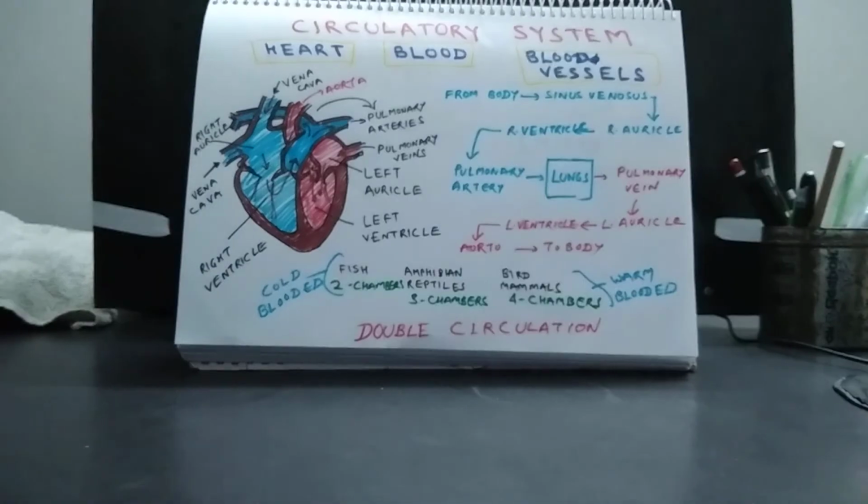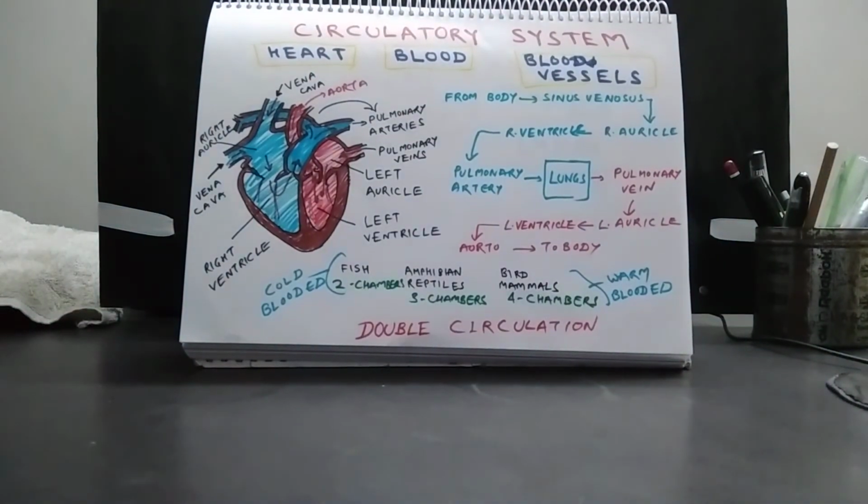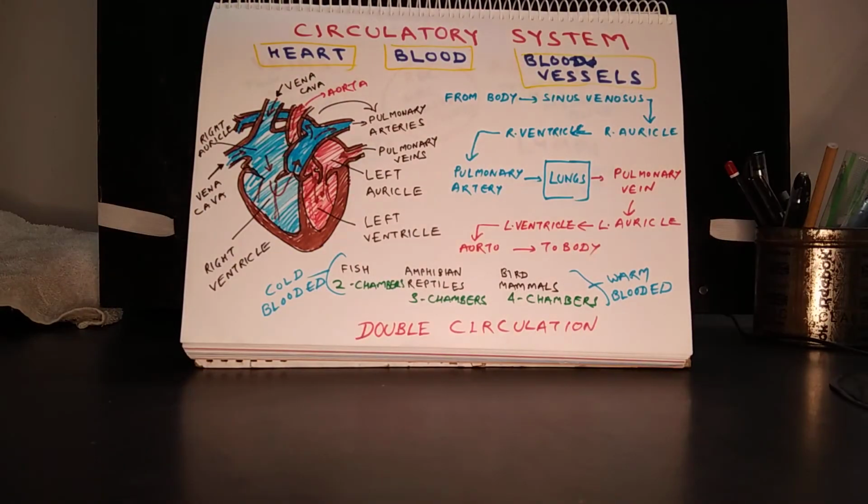So human hearts have 4 chambers, and there is a distinct advantage of 4 chambers. The 4 chambers allow double circulation.